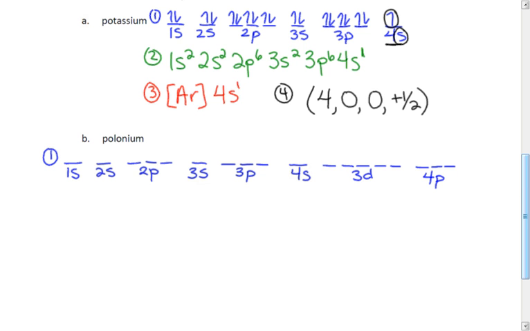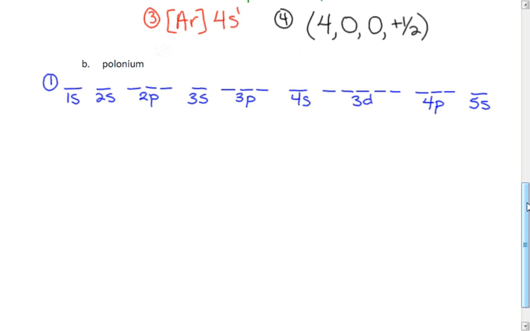What's next? 5s, then 4d, 5p, 6s. We're not going to go to 5d quite yet.